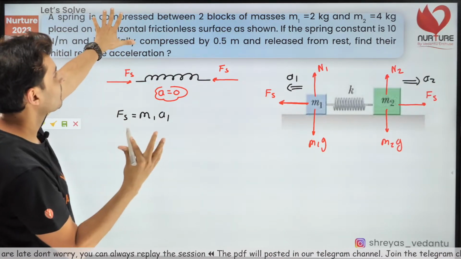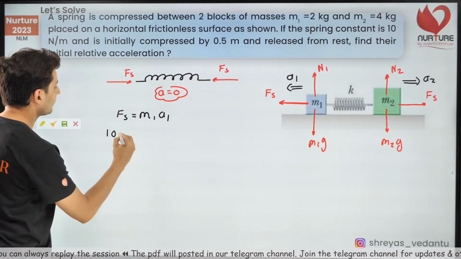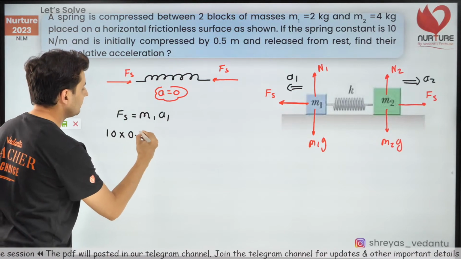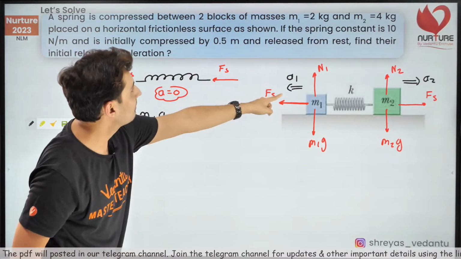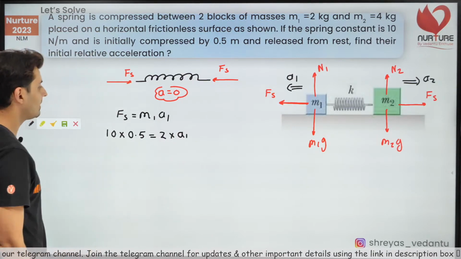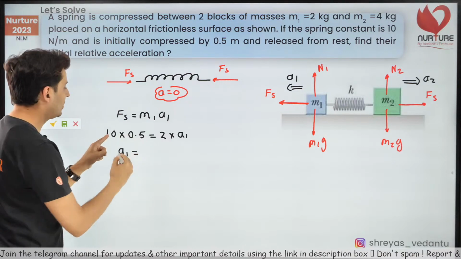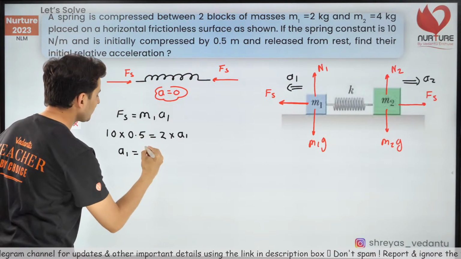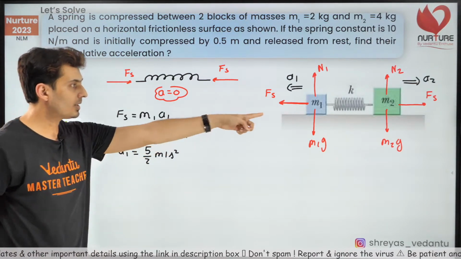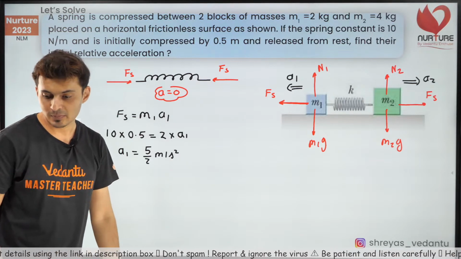K is 10 Newton per meter, X is 0.5, and M1 is 2, so 2 into A1. Everybody fine? So A1 will be 0.5 into 10 by 2, which is 5 by 2 meters per second square. So the first block is accelerating left side with 5 by 2 meters per second square.